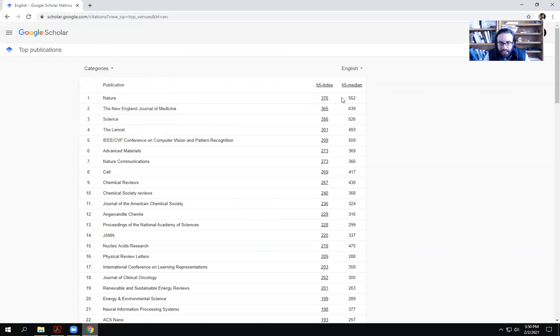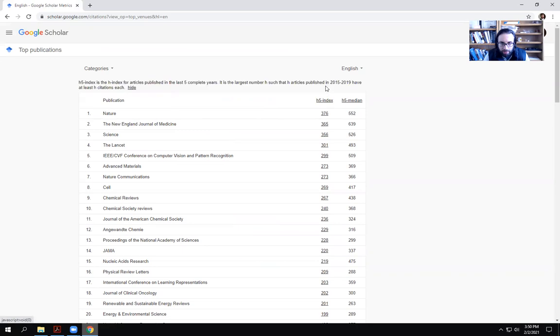It uses a slightly different metric here, but it's a similar idea. This is called the H5 index, and it tells you what this is. H5 index is the H index for articles published in the last 5 complete years. It is the largest number H such that H articles published in 2015 through 2019 have at least H citations each. So what does this mean?